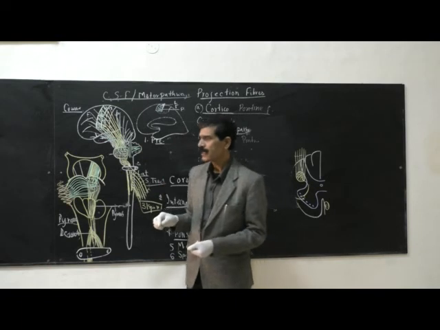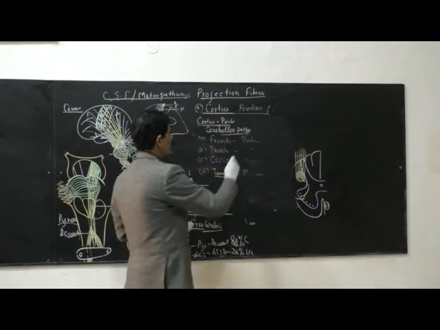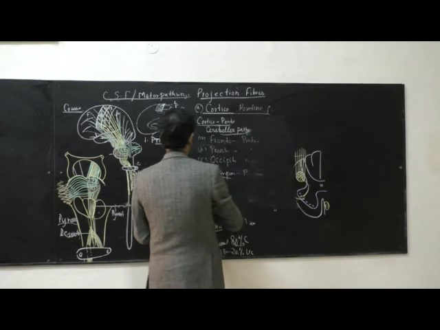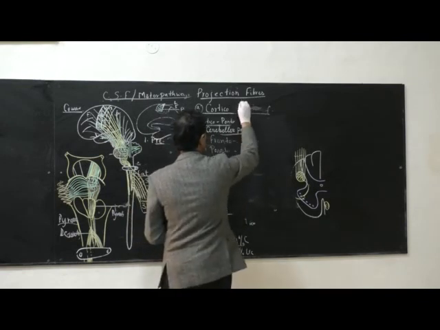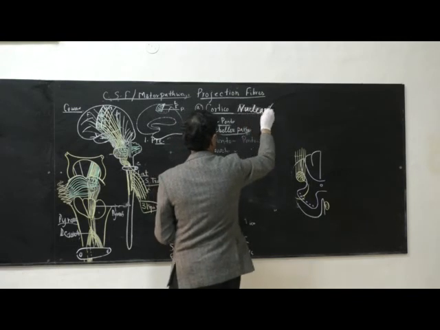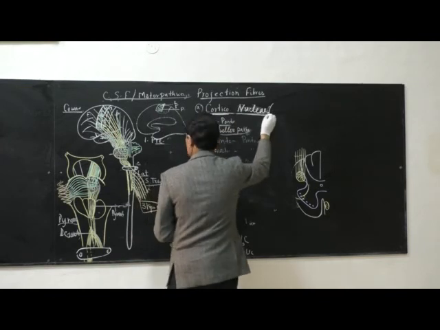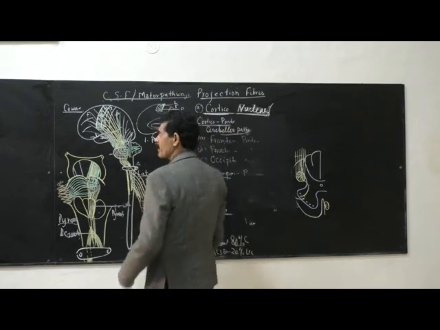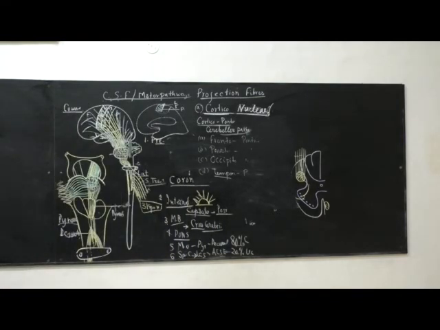After this, the last part of the projection fibers, they are the cortico-nuclear fibers. So cortico-nuclear fibers, as the name suggests, they start from the cerebral cortex, and nuclear means they are connected or distributed to the nuclei.